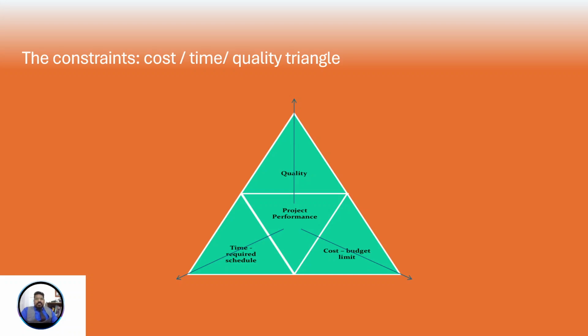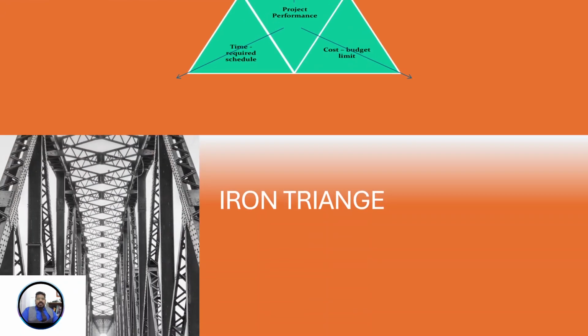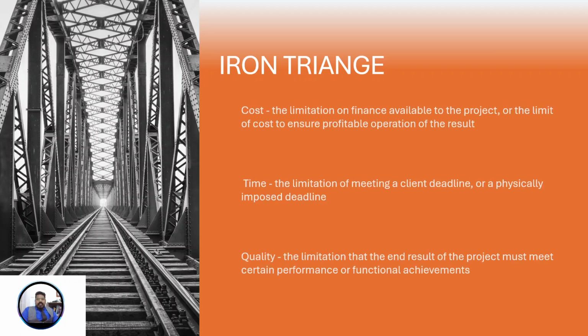These three things are known as the constraints: scope, time, and cost. Again, this is also known as the triple constraint or iron triangle. Your job as a project manager with a fixed scope is to manage cost and to deliver on time with the respected or defined quality standards.